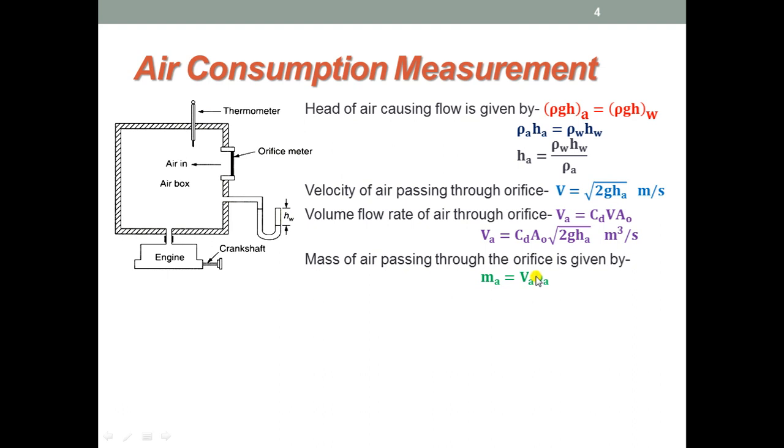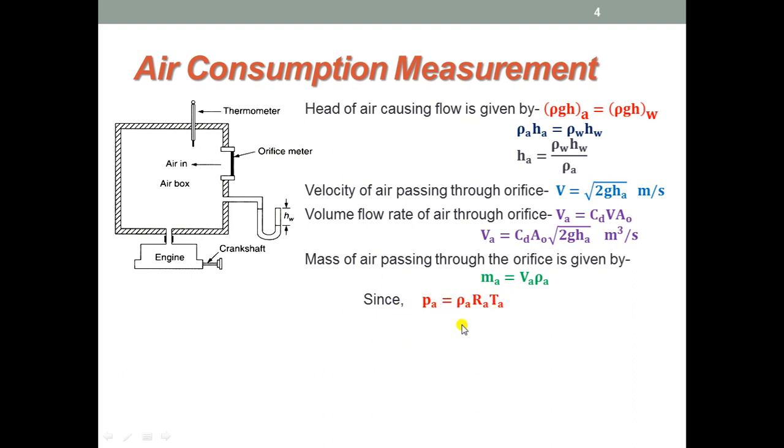Now we are going to substitute for rho A with the help of the perfect gas equation, that is PA can be written as rho A RA TA. This is based on the perfect gas equation, that is PV is equal to mRT. So you can write PV over m, which is equal to RT. So volume over m means it is rho.